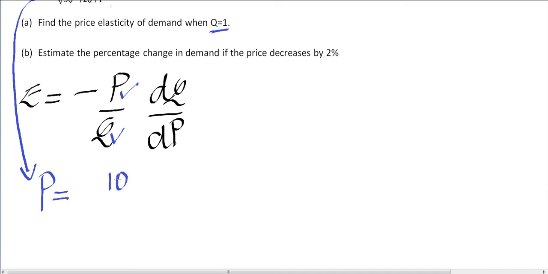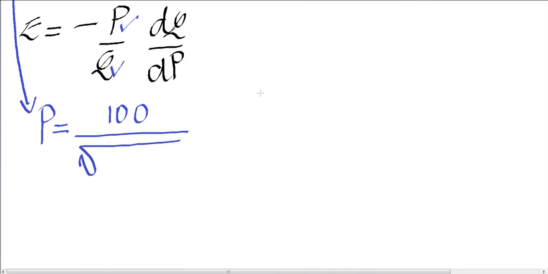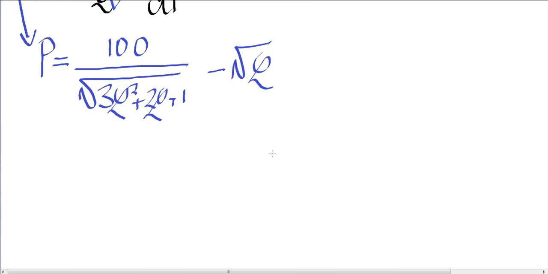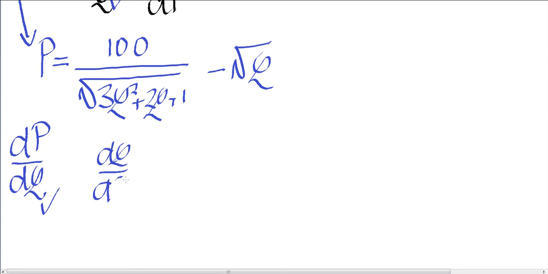P equals 100 over the square root of 3Q squared plus 2Q plus 1, minus the square root of Q. Now, if I differentiate that, the only sensible thing I can call it is dP dQ. It wouldn't make any sense to call it dQ dP.